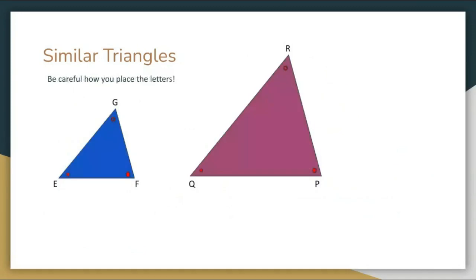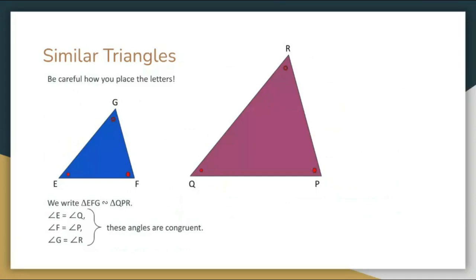The first triangle can just follow the alphabet, E, F, G. But as angle E is equal to angle Q, we start with that letter for the second triangle. Angle F is equal to angle P, and angle G is the same as angle R, meaning triangle EFG is similar to triangle QPR. When angles are the same in different shapes, we say that the angles are congruent.